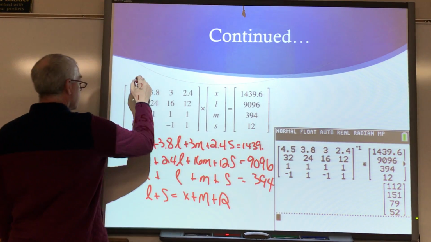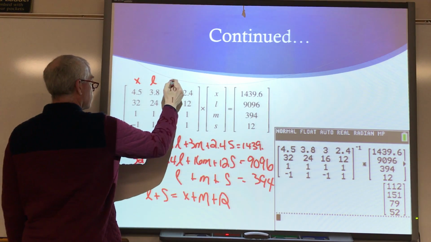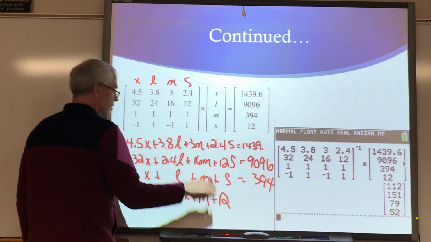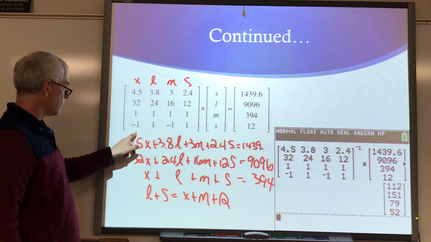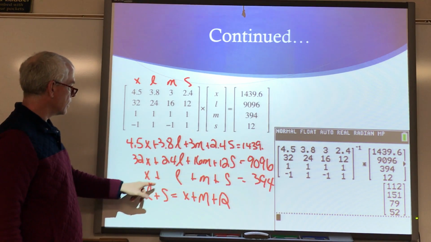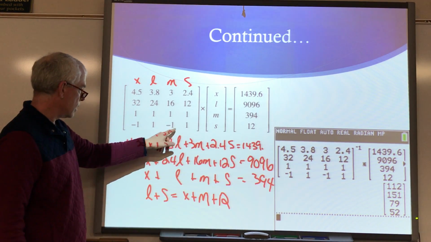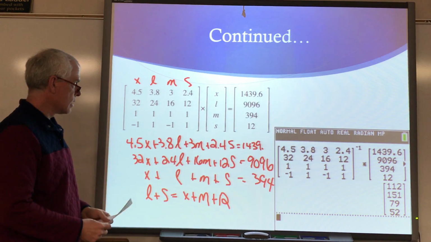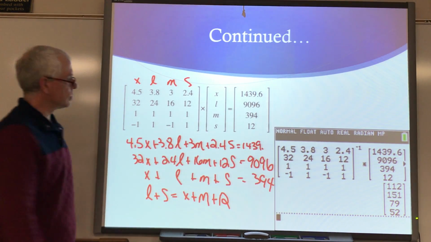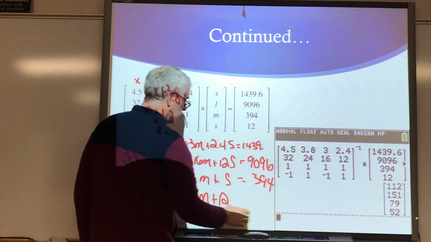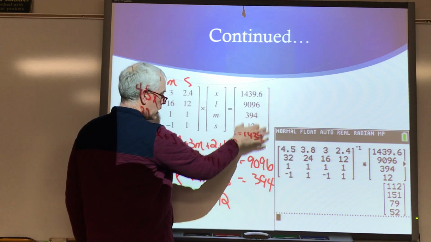We have to remember that this was x, this was L, this was m, and this was s. So that x comes over as a -1, the L was positive, the m comes over as a -1, and the s was already positive. Times some variable matrix, x, L, m, and s, equals these constants on the right side, and that 12 will be left alone, and that's where we get that.